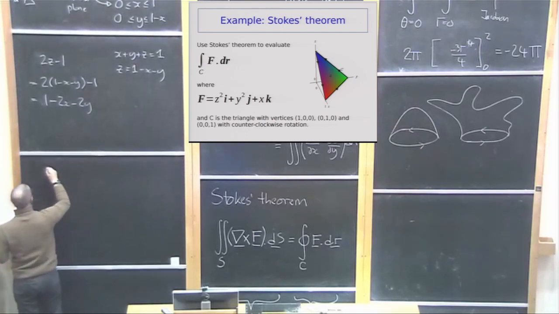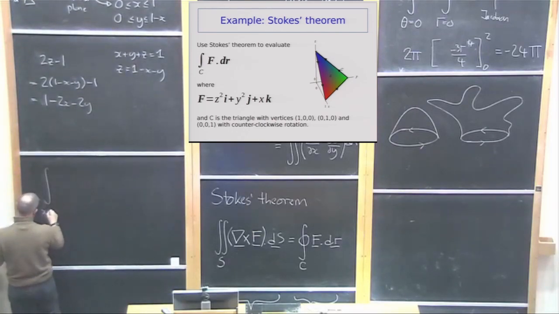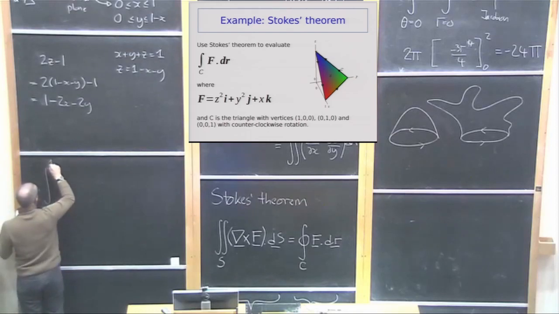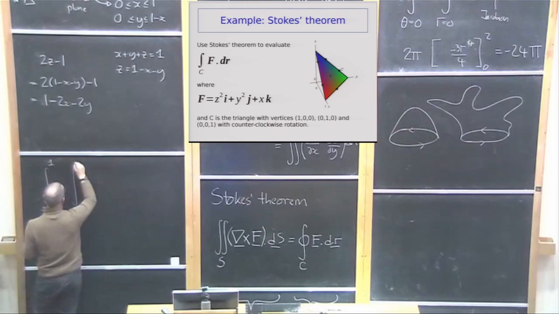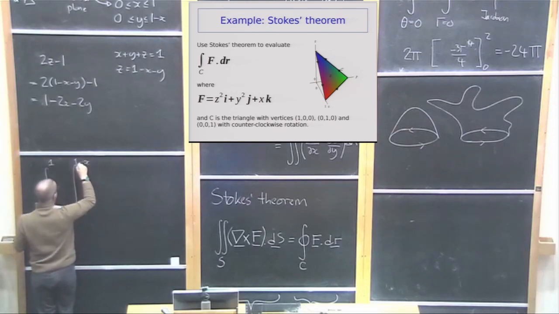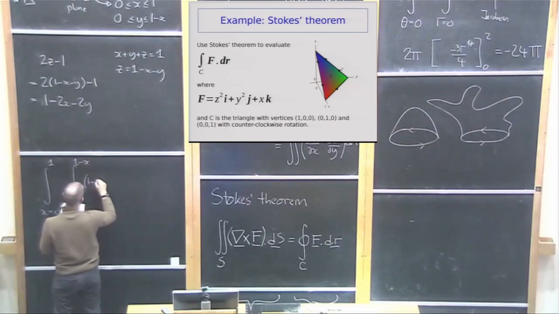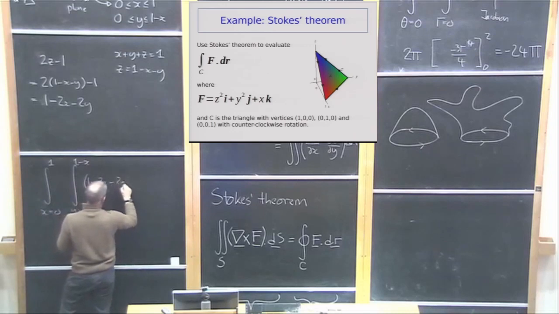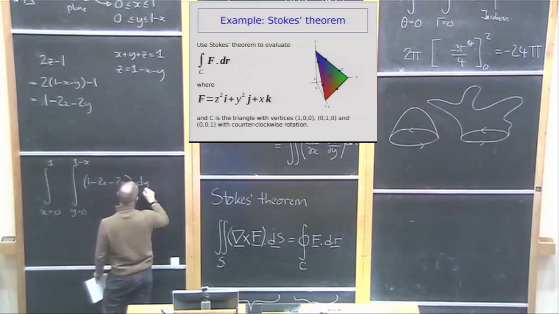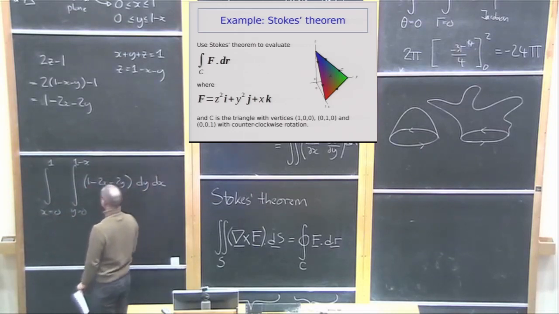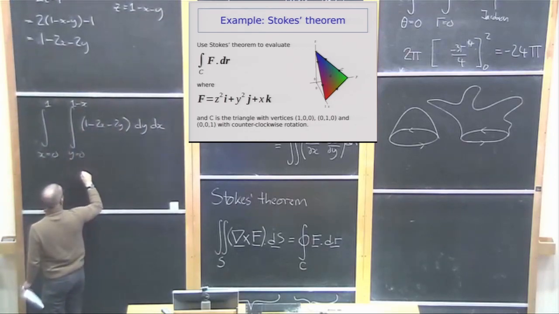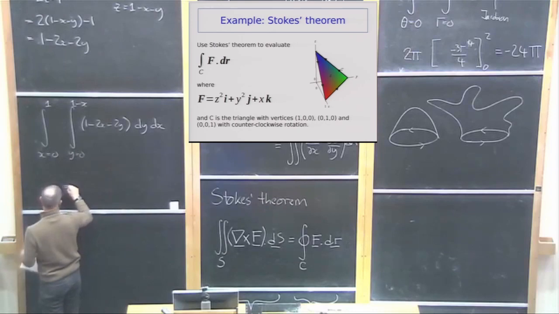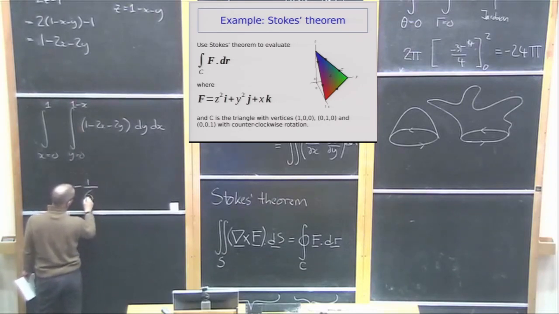So finally, we end up with our integral, x between 0 and 1, y between 0 and 1 minus x, of 1 minus 2x minus 2y, integrated with respect to y and x. There's about 2 lines of algebra, and you end up with an answer of minus 1/6.